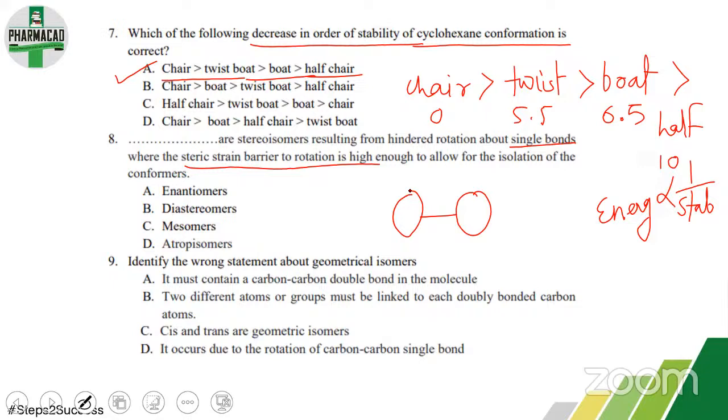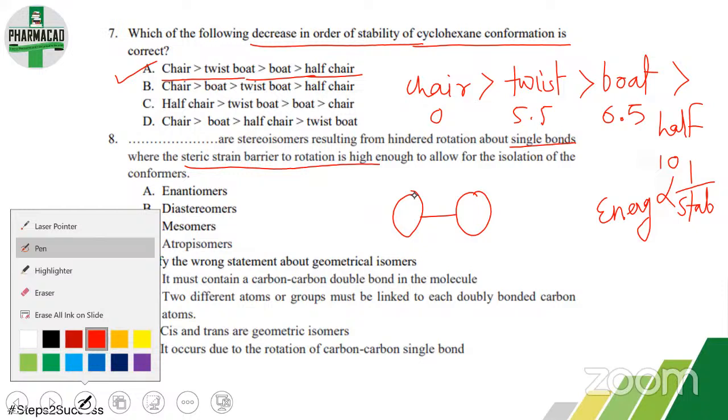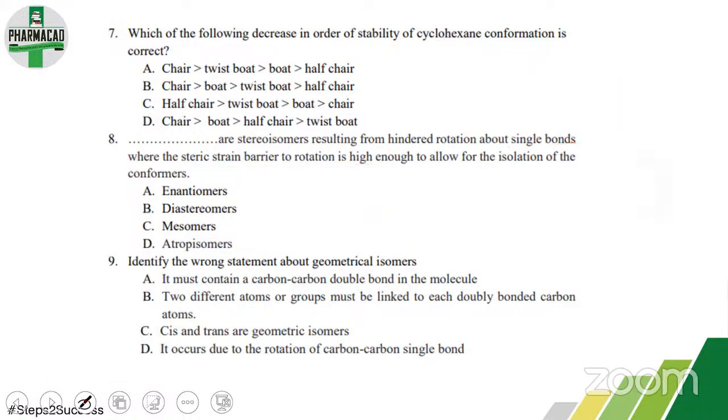If you remember, whenever we have two phenyl rings with the single bond, these two phenyl rings are very bulky groups. Because of those bulky groups, there will be hindrance in the rotation about this single bond, and that is nothing but atropisomers. Remember this. So the answer is option D.